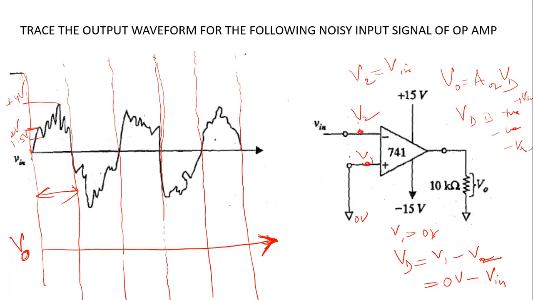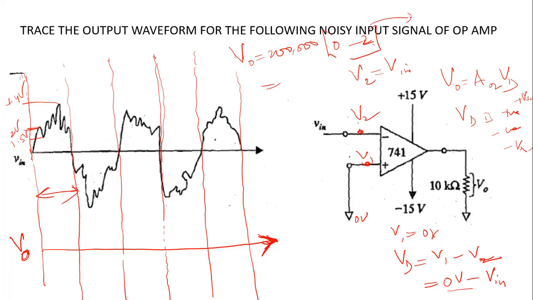Now if you look at this equation, V naught is equal to open loop gain, a large quantity like 200,000, times VD. V1 is 0 volt minus your V in, which at this point is plus 2 volt. So even if it is plus 2 volt, it will be minus 2 here.